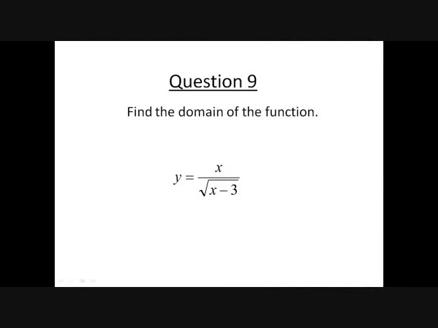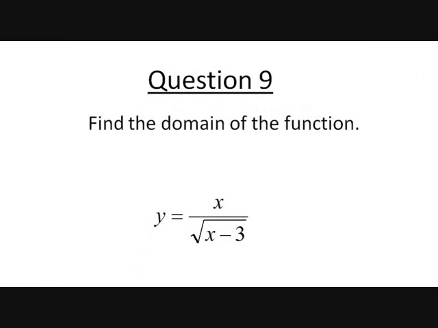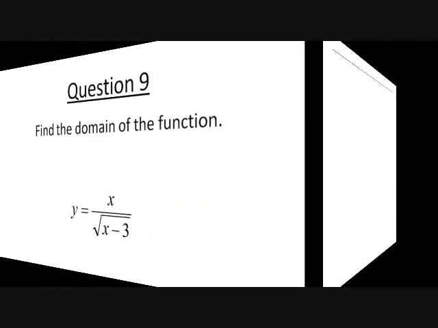Question 9 is find the domain of the function. In this case we have y equals x over the square root of x minus 3. Okay, solution for question 9. Let me copy this function.